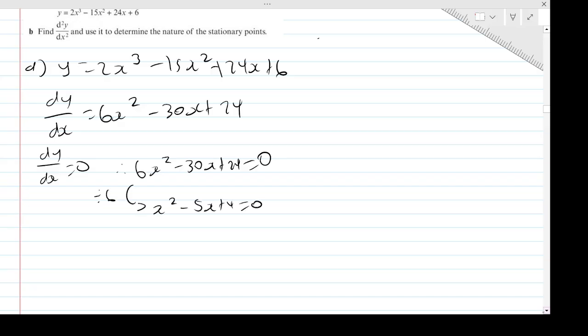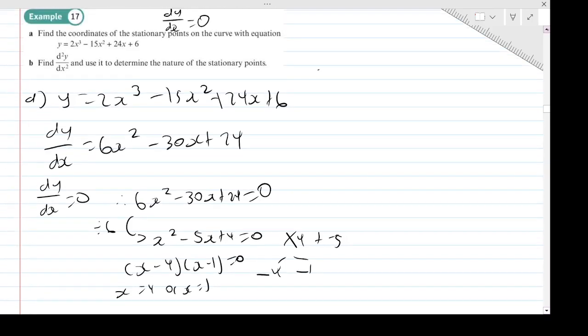I could factorise this: I want two numbers that multiply to get 4 and add to get minus 5. So 4 and 1, both negative, because they multiply to get positive 4 and add to get minus 5. So my factors are (x minus 4)(x minus 1). Therefore x is 4 or x is 1, and these are my two stationary points.